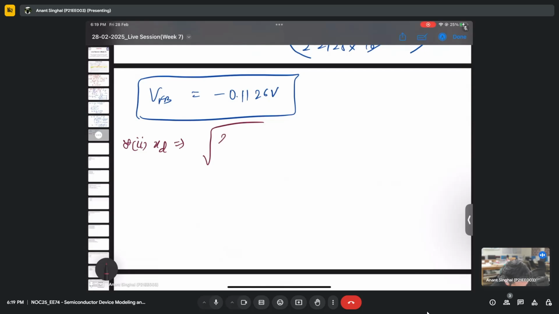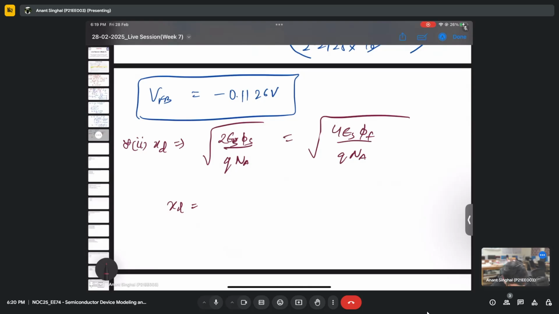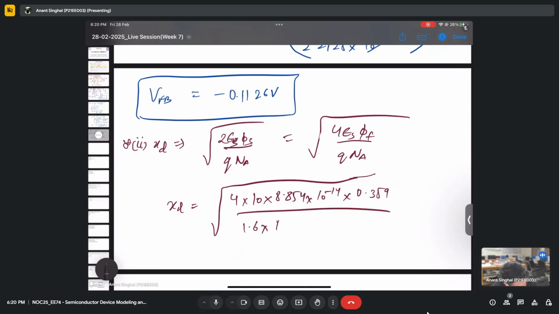Okay, so it is nothing but 2 epsilon_s phi_s by q N_A, where phi_s is 2 phi_f, so it will be 4 epsilon_s phi_f by q N_A. So x_d is under root 4 times, permittivity is given as 10, 2854 times 10 to the minus 14, times phi_f. We calculated phi_f as 0.359, and q is the same, N is 10 to the 18.